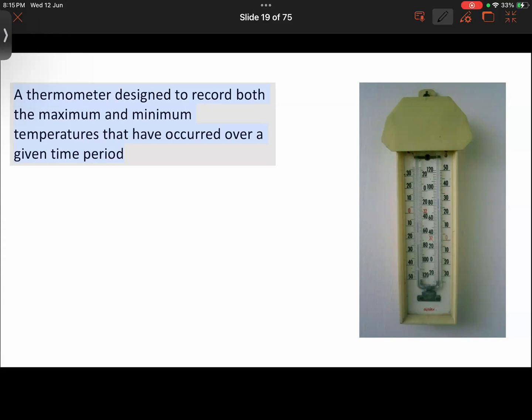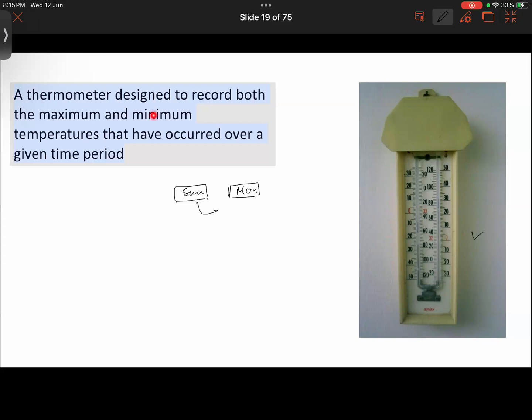It will only tell you the temperature of the previous day. Say for example, you are using this on Monday. On Monday, you would have the temperature of Sunday only. So it tells the minimum and maximum temperature of the previous day. Is that clear to everyone?